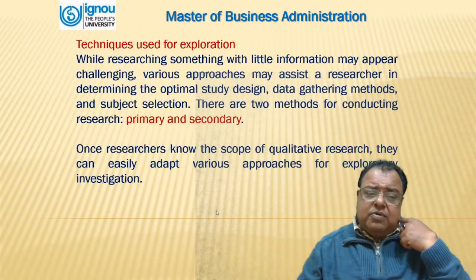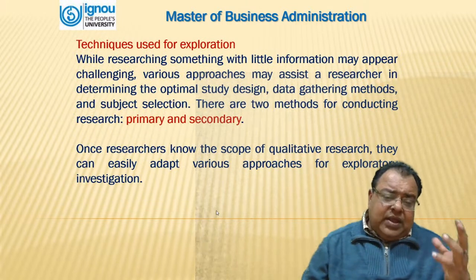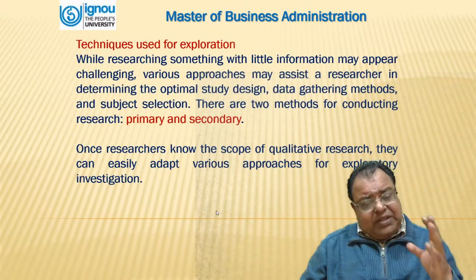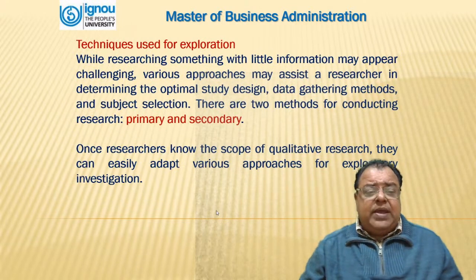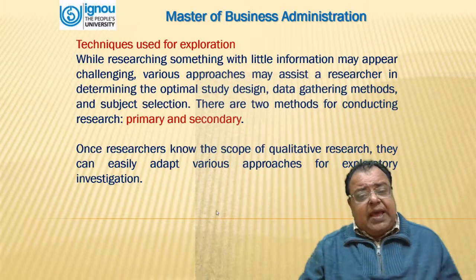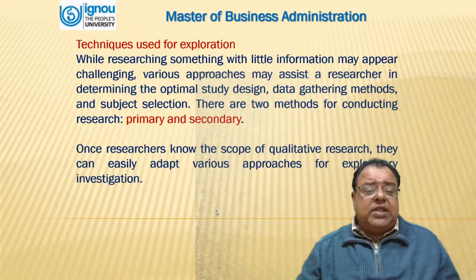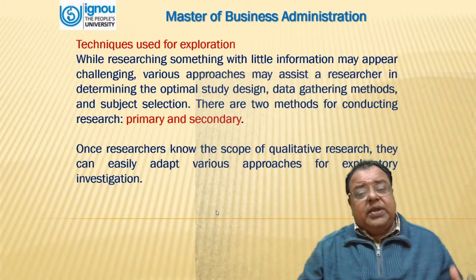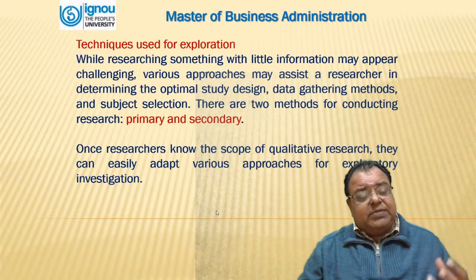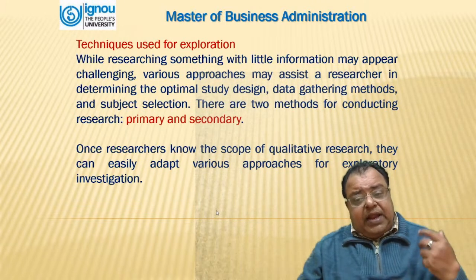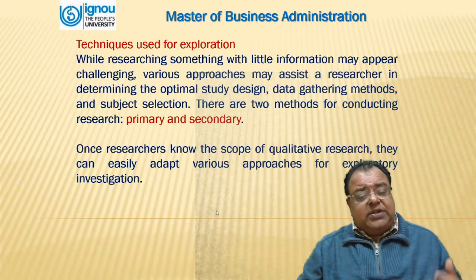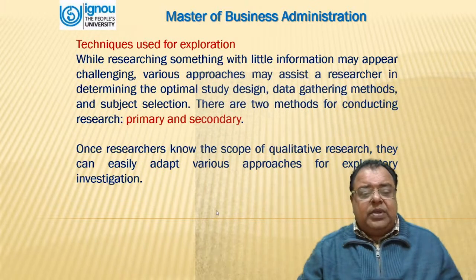Techniques used for exploration while researching something with little information may appear challenging. Various approaches may assist a researcher in determining the optimum study design, data gathering methods, and subject selection. There are two methods for conducting research, primary and secondary.